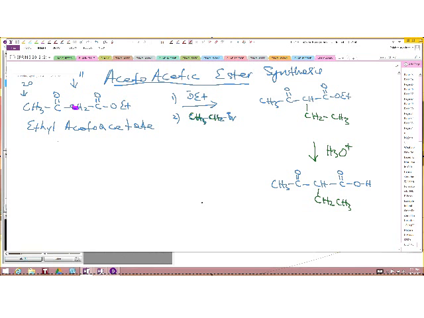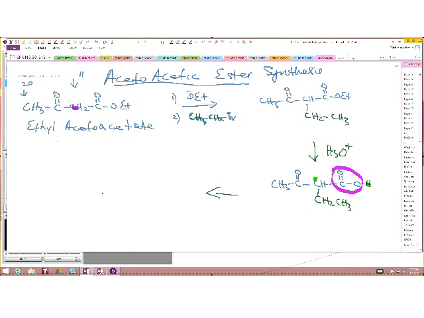Okay, and now what do you want to do at this point? We apply heat. Very good. Once you apply heat, this here will be gone. Carbon dioxide will be gone. Right here will be gone. And this hydrogen here will now come to this carbon right here. Okay, so now what do we get?